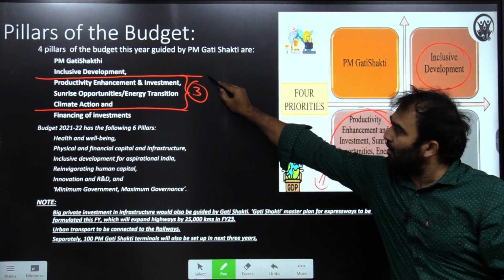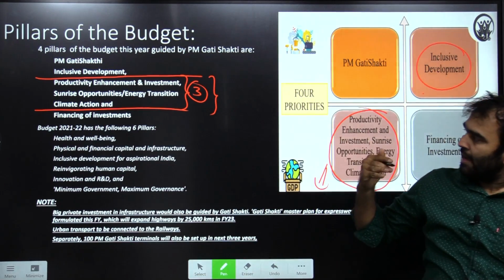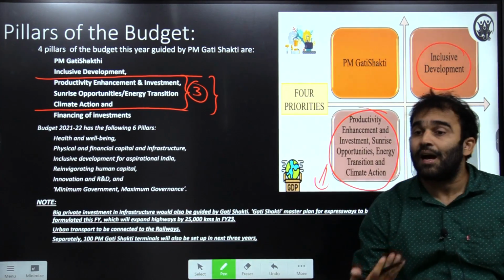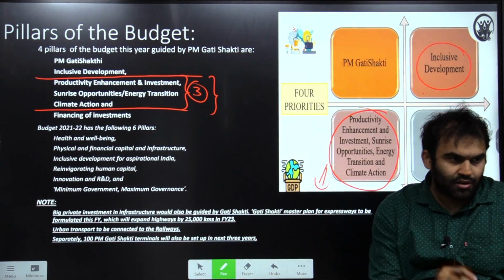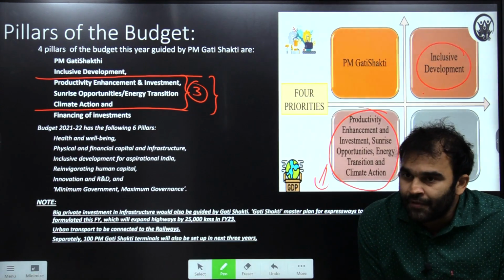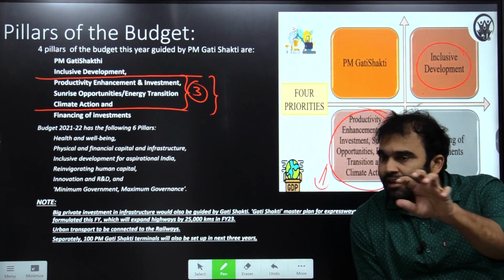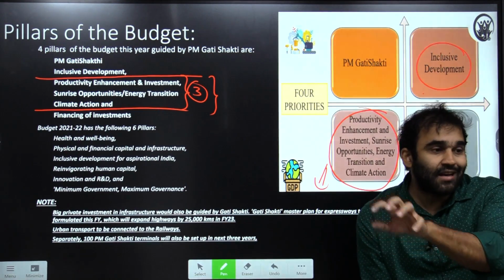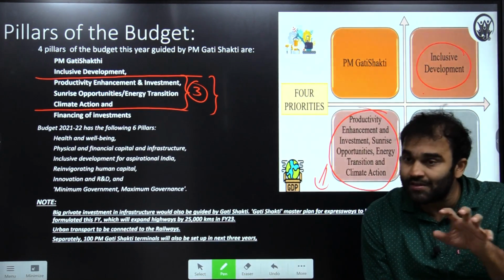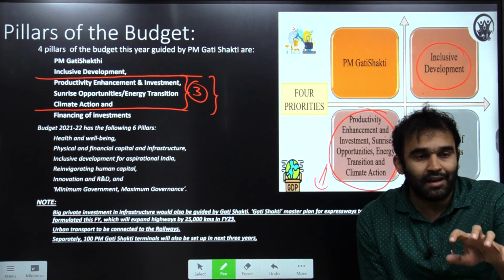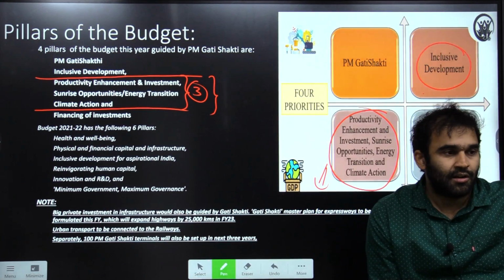What is this particular pillar talking about? A lot of technological changes are happening in the economy. Across the world, a lot of technological changes are happening. These technologies are impacting each and every sector of the economy. There is no sector which is being left untouched by technology.